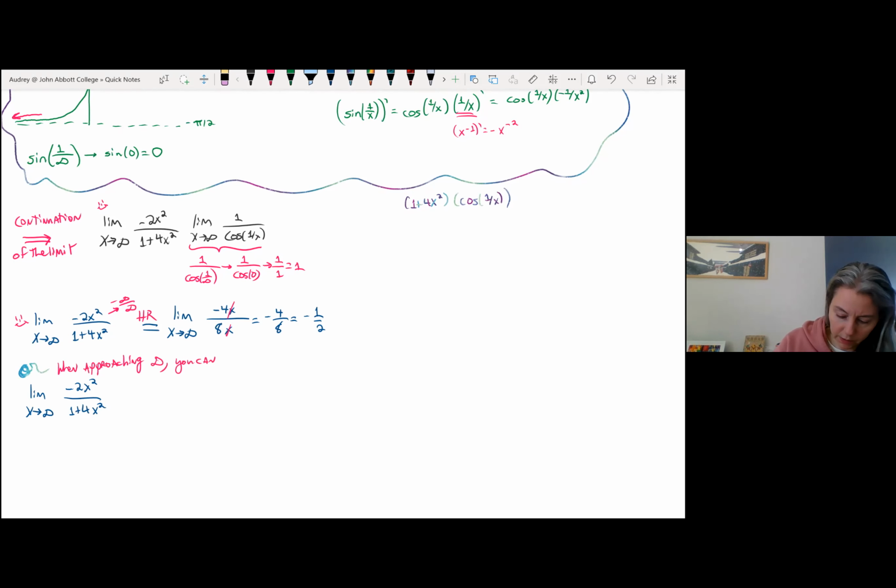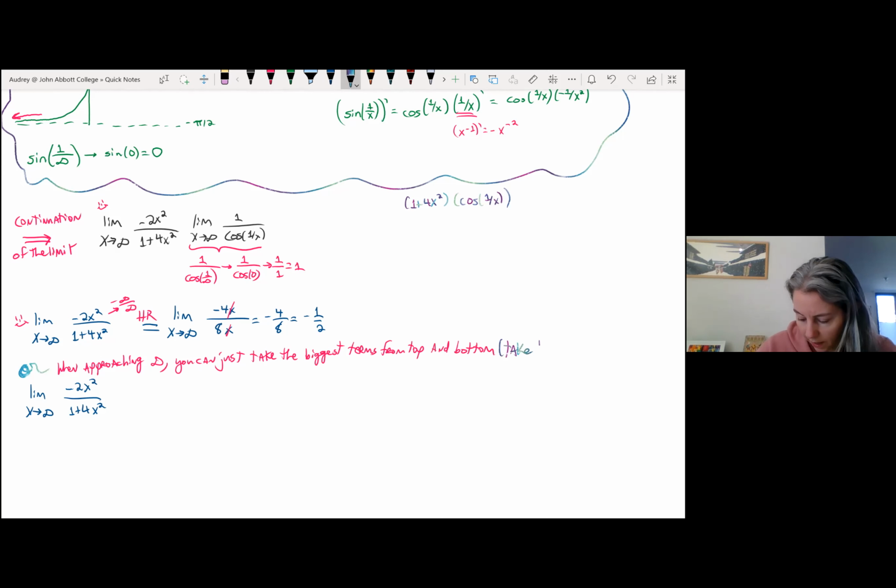You can just take the biggest terms from top and bottom. And we'll be referring to this from now on as taking the big stuff.